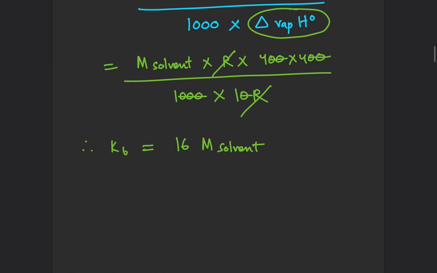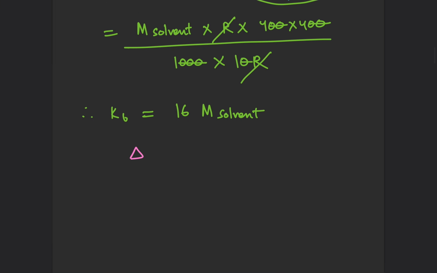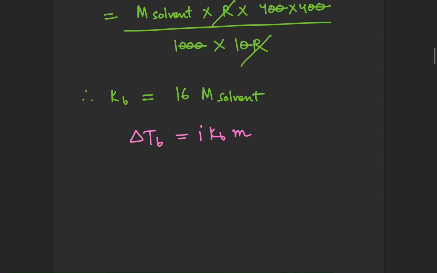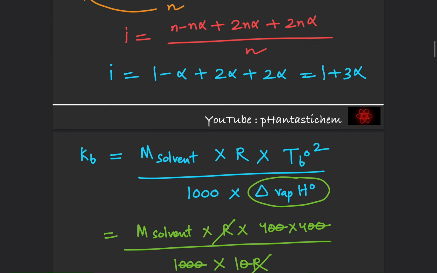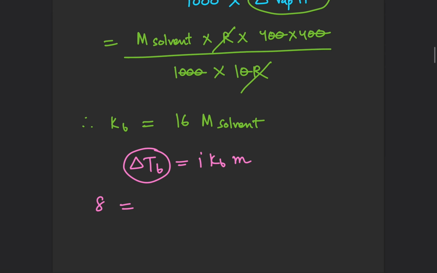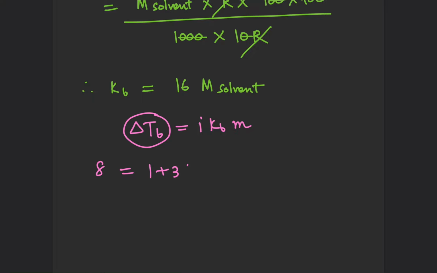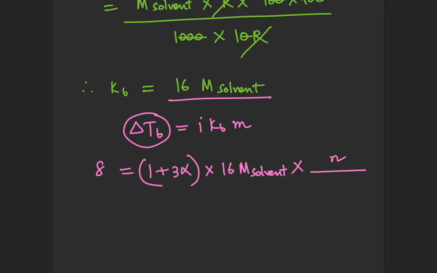So coming back to the original equation that we started with, delta Tb is equal to i into Kb into m. I know delta Tb, that is 8. I calculated i as 1 plus 3 alpha. I calculated Kb, that is 16 times M solvent, into molality, which will be equal to N divided by 99.75 divided by 1000.